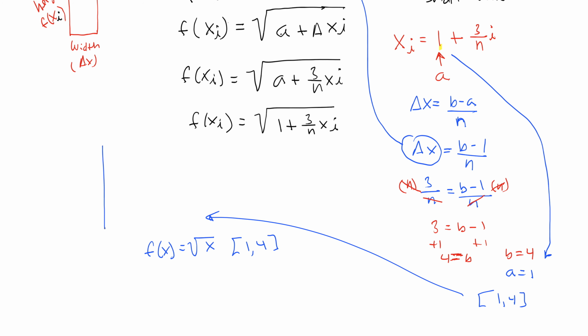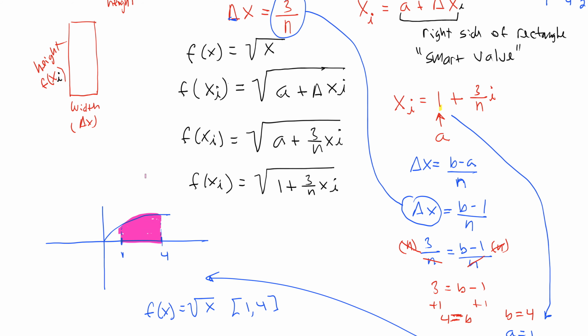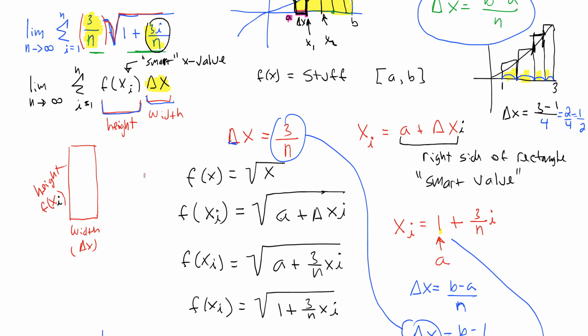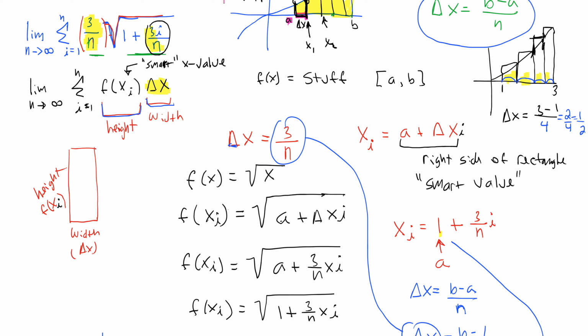So if you graph that, you go like that, you go like that, and you go from 1 to 4. The area under this curve right here is represented by this limit right here.